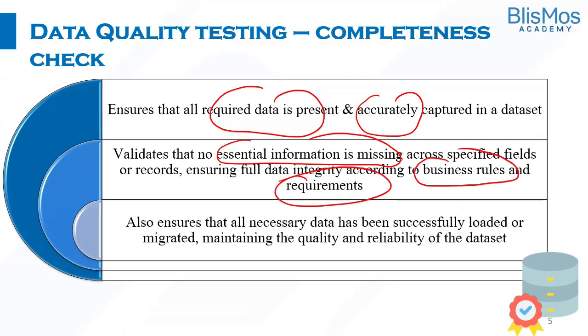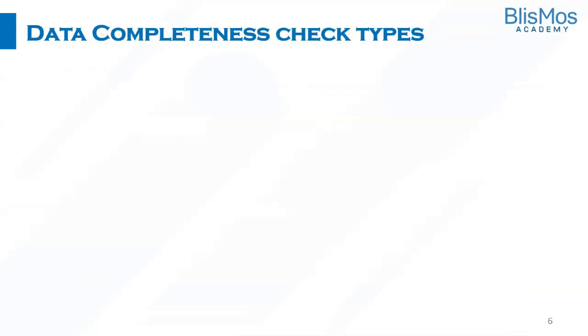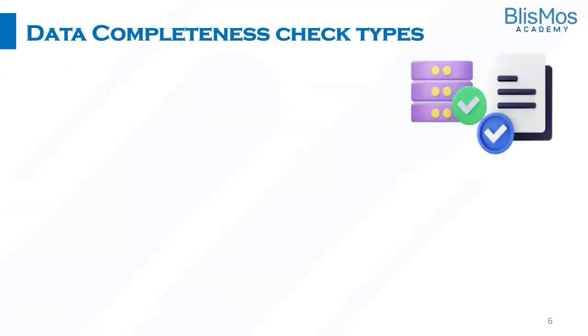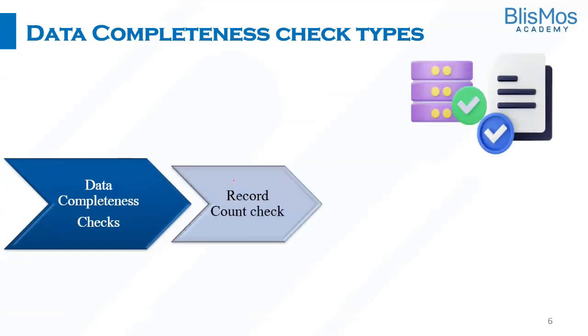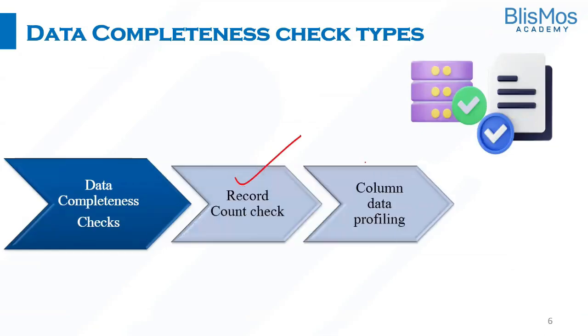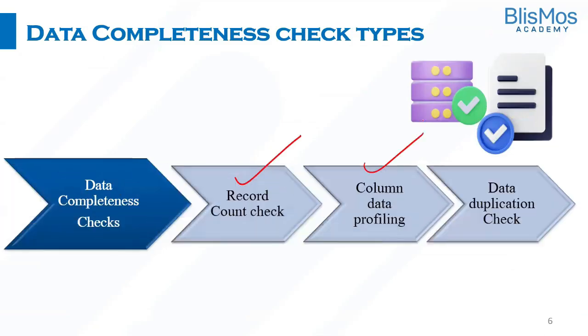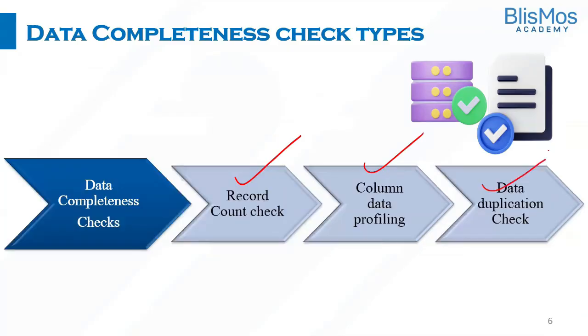As a part of the completeness check, we also ensure the data is loaded or migrated without compromising the quality and reliability of the data. All of this would be validated through the completeness check. We have different types of completeness check: one is record count check, the second is column data profiling, and the third is data duplication check.